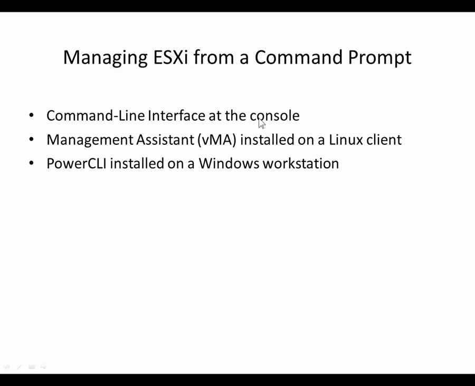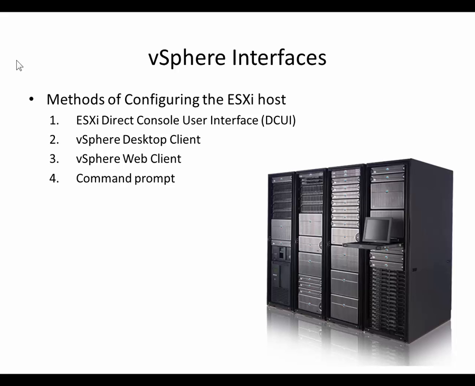You can go to the ESXi host, log on to the console, and issue command line commands from the console. You can use the Virtual Management Assistant, which is installed on a Linux client, or you could install PowerCLI, which is a PowerShell add-on, which is installed on a Windows workstation. And then you can manage the ESXi host using a command prompt.